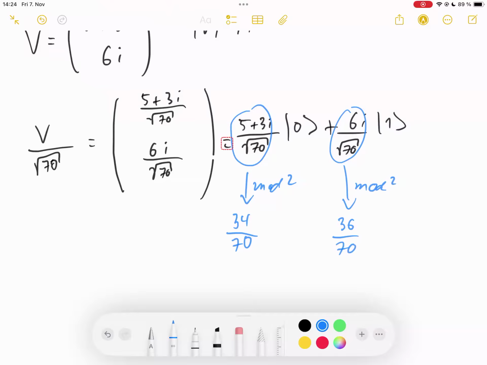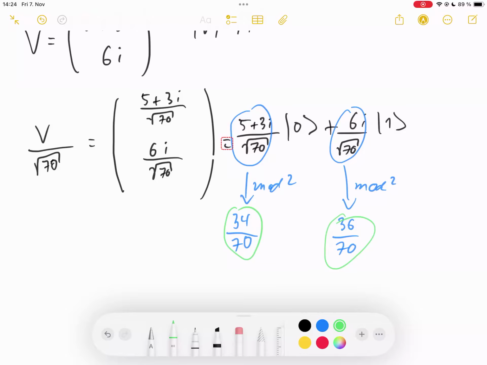And this means if I measure this qubit, after measurement, I would have a 34 divided by 70 chance the qubit is found in 0 ket, so it would be 0. And there would be a 36 divided by 70 chance the qubit would be found in a 1 after measurement. This is why we spent quite some time last week thinking about these probabilities after measurement, and now we see what it actually means from a computational perspective.